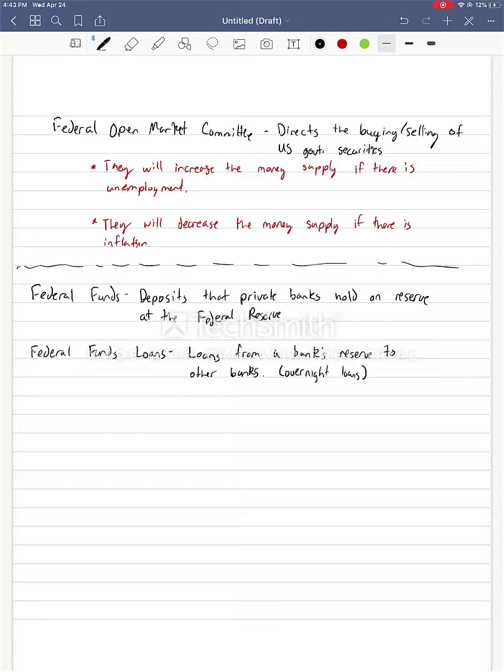With these loans, of course, they're not loaned out without any interest. So the interest that's charged is what we call the federal funds rate, the interest on loans between private banks.